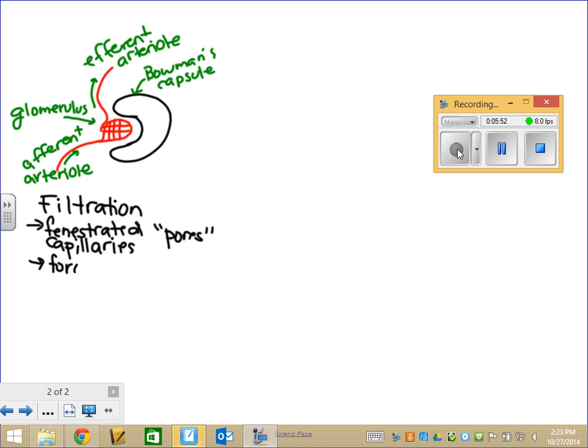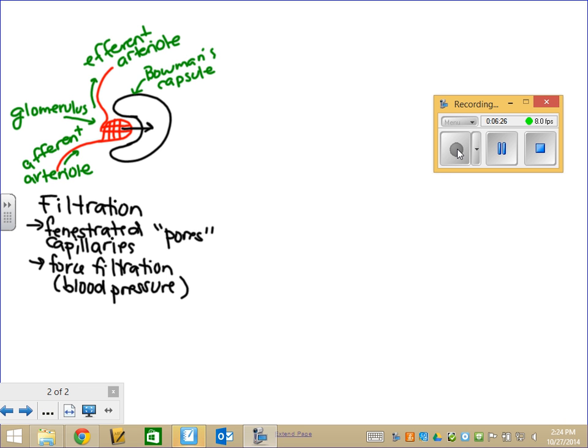Sometimes this is called force filtration because it depends on blood pressure. And so the higher your blood pressure, the more force the blood is pushed with. So what we will see happening is that substances will move from the glomerulus into Bowman's capsule. So we are going to start producing the filtrate.